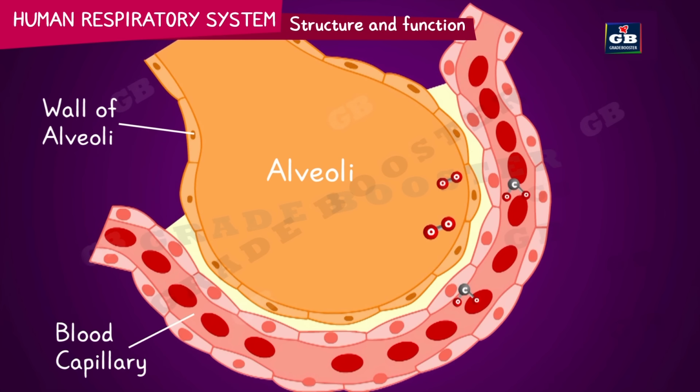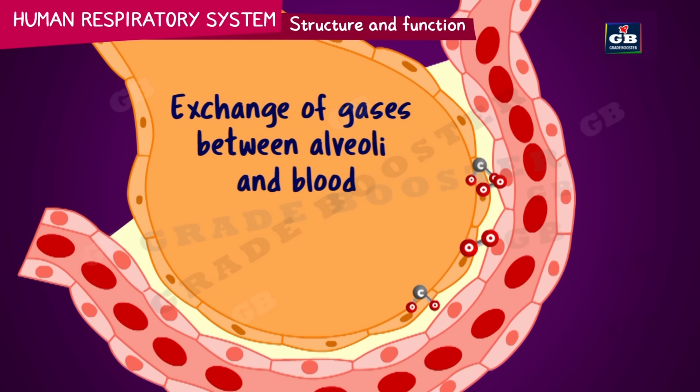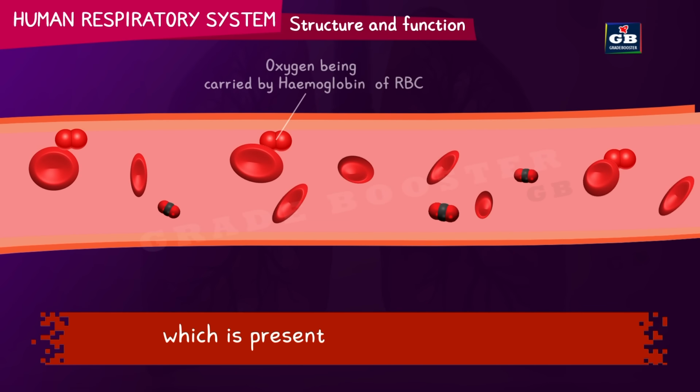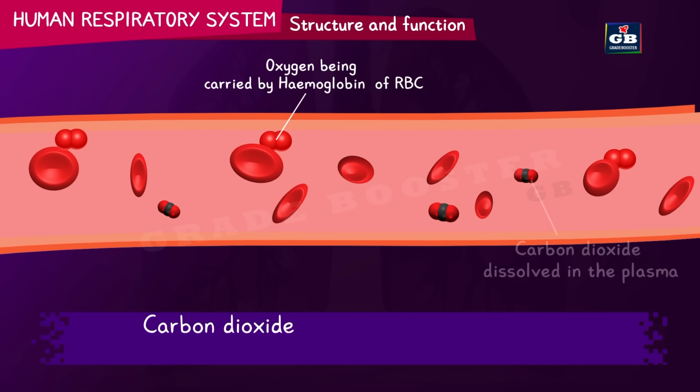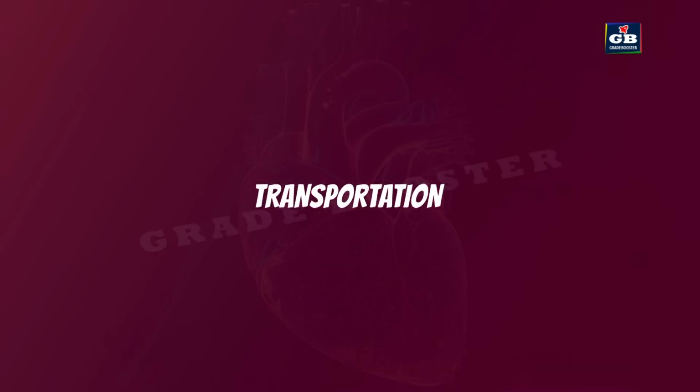Due to this difference of concentration, the exchange of gases takes place between the blood and the alveoli. The oxygen that is collected into the blood is transported by a pigment called hemoglobin, which is present in the RBC of blood. Carbon dioxide is transported by blood in dissolved state.